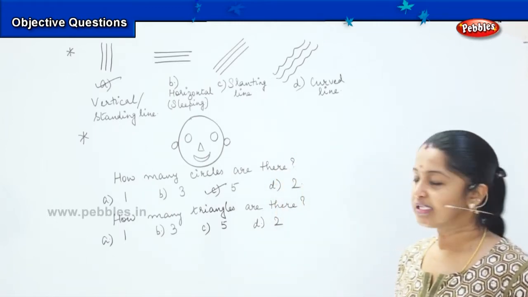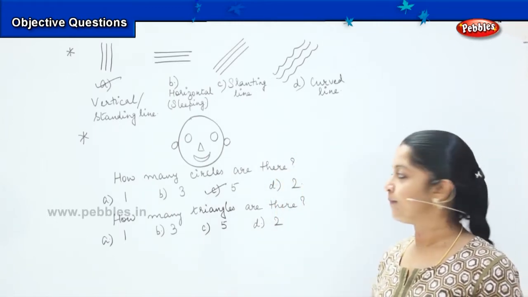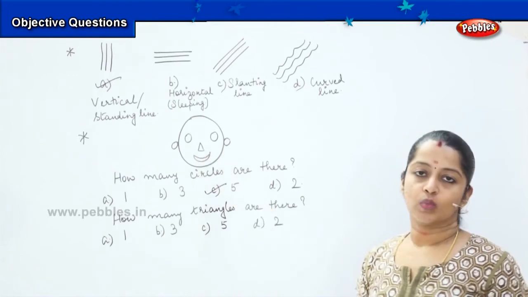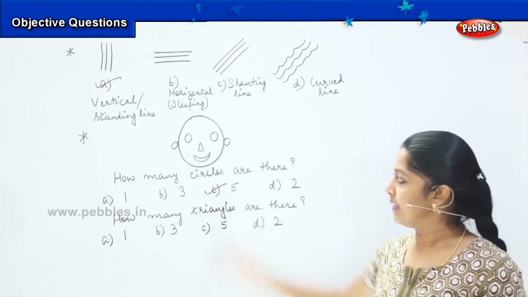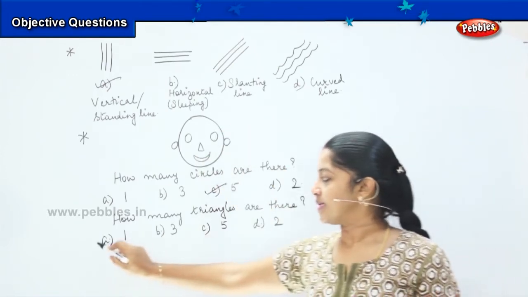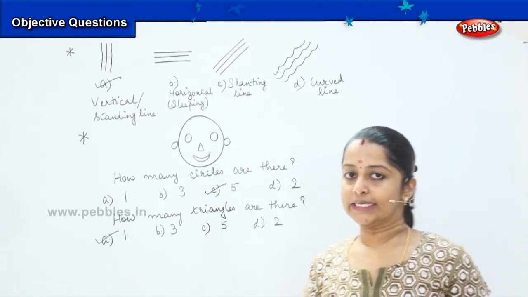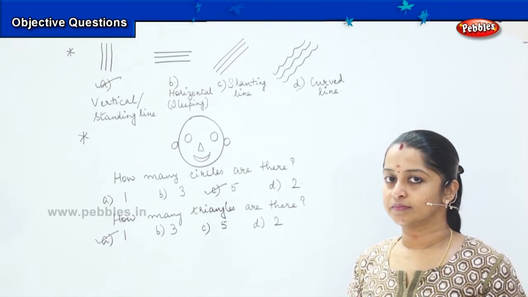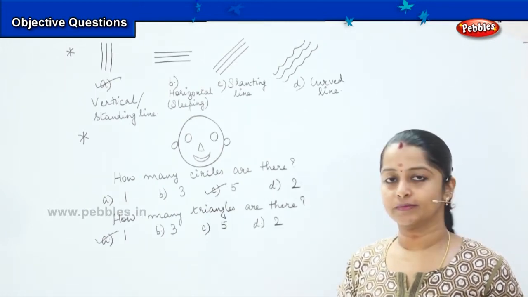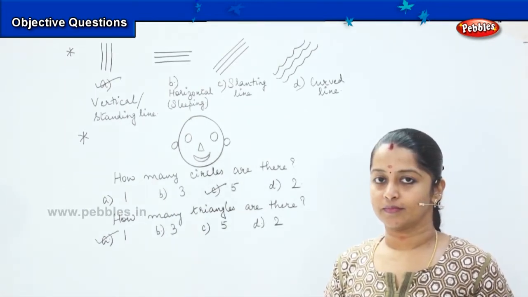So how many triangles can you find on this face? It's only one, which is towards the nose side, right? So my right option is option A, which is 1. Clear? Shall we move to the next question? Okay.